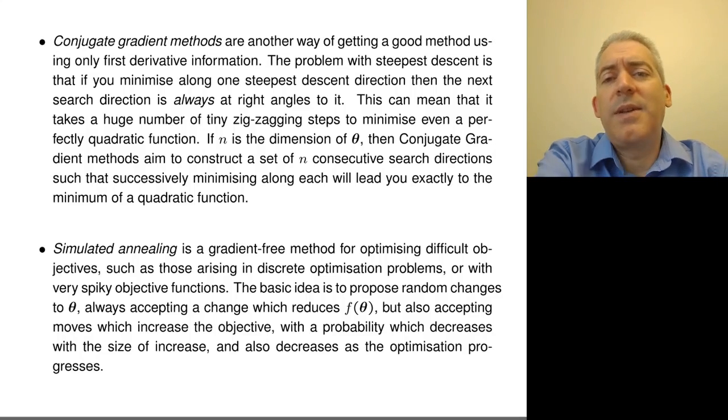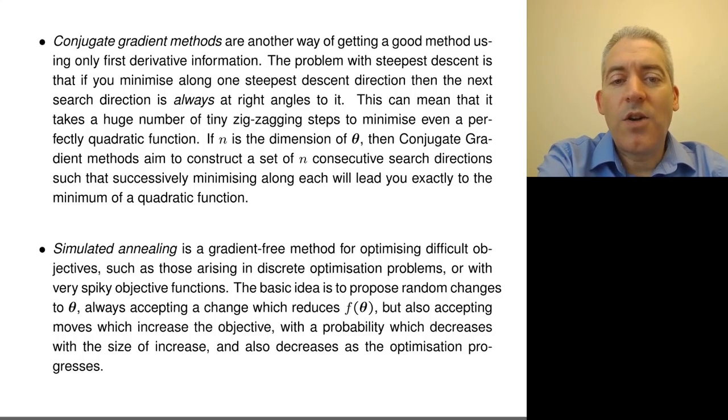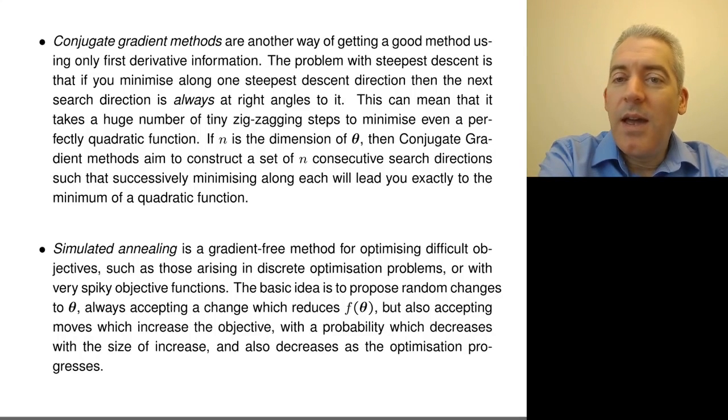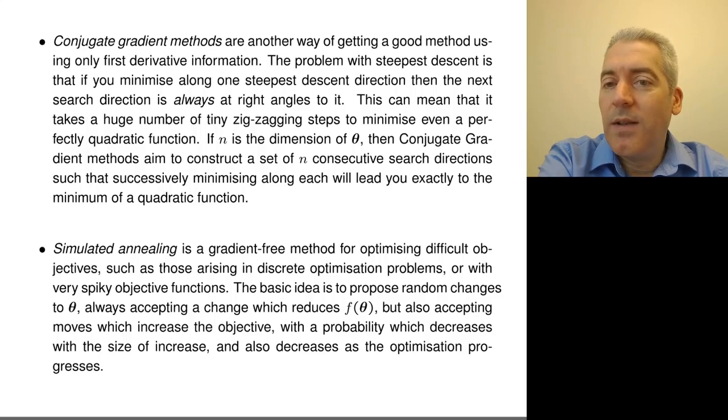I've already hinted at simulated annealing, so this is one of these computationally intensive methods. This is again to be used when gradients are problematic, but it uses stochastic methods to sort of randomly explore your function and drift downhill, using noise to kind of stumble upon good directions as opposed to heuristically trying to find them.